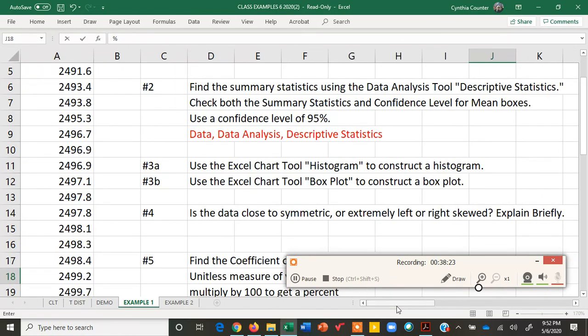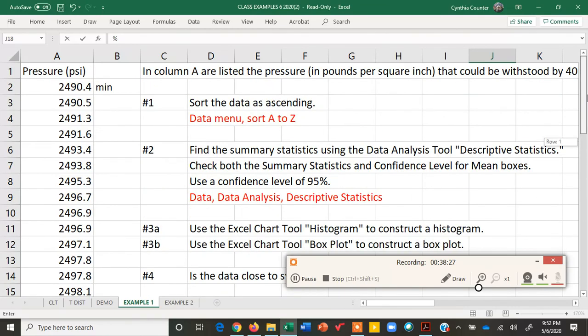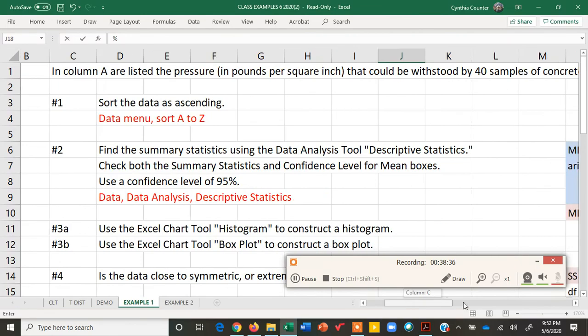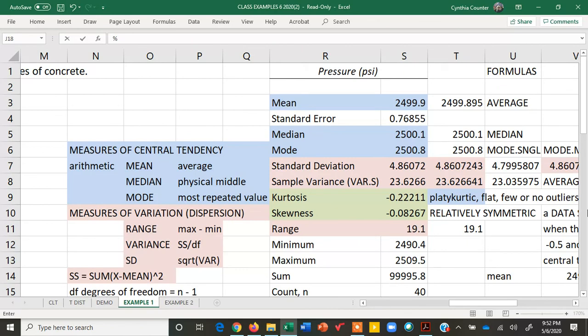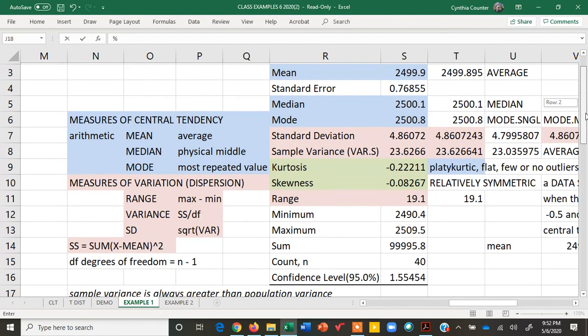That then concludes my discussion of the data analysis package, the descriptive statistics tool, the summary statistics output, and what it all means.